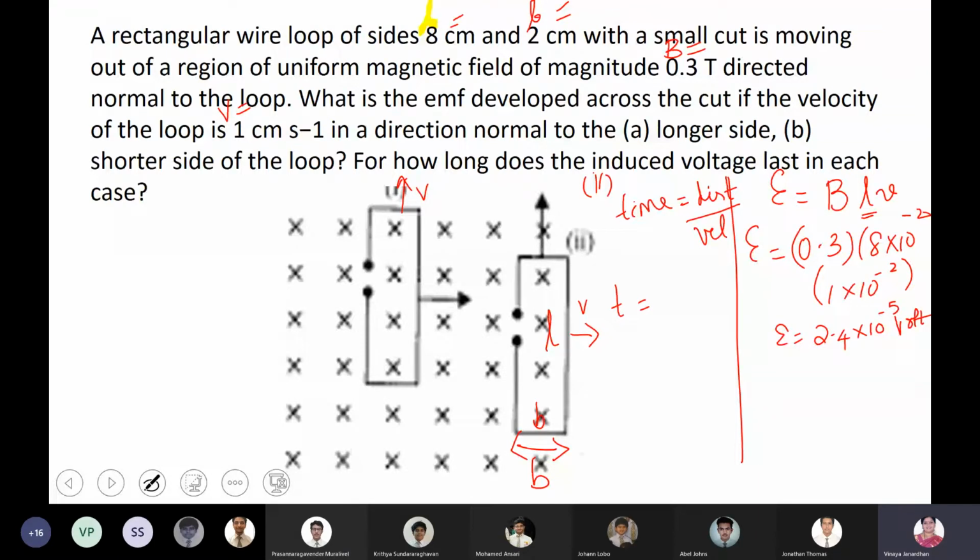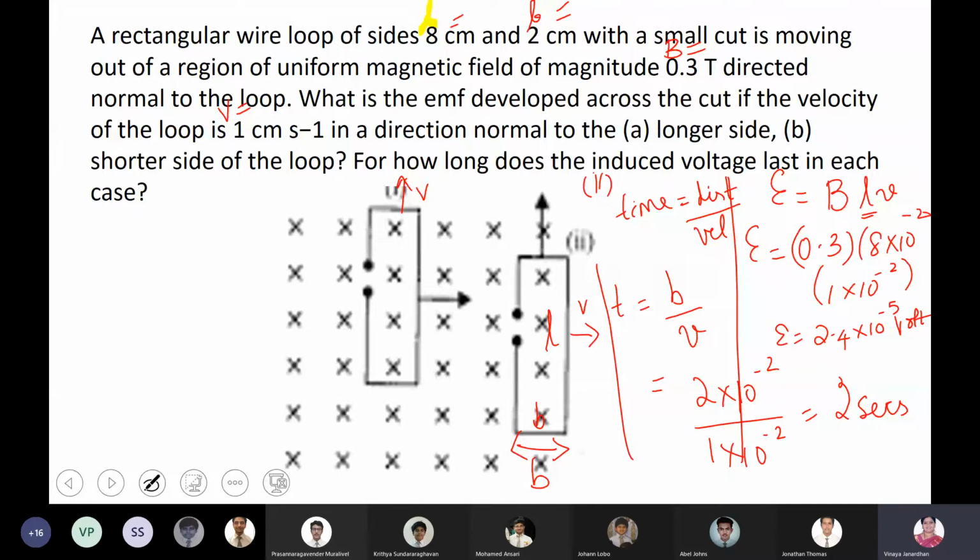Once it travels a distance of b meter, it will be completely outside the magnetic field. Till that distance, your flux keeps on changing and EMF is induced. So now your time becomes equal to b by V. So what is b? 2 into 10 to the power of minus 2, divided by the velocity, which is 1 into 10 to the power of minus 2. So time becomes equal to 2 seconds. So here your EMF will last for 2 seconds.